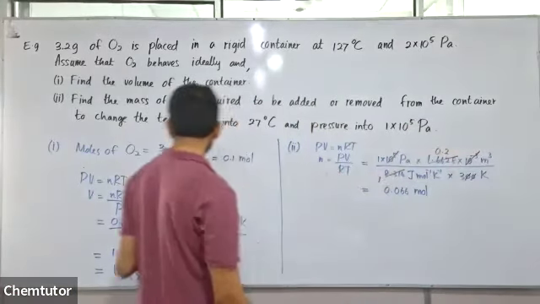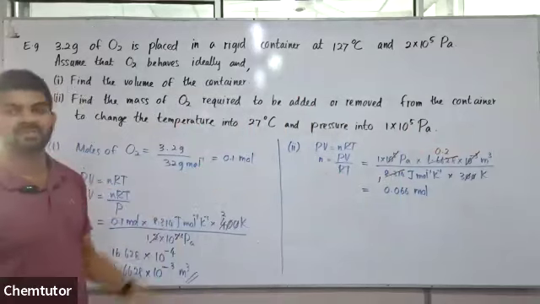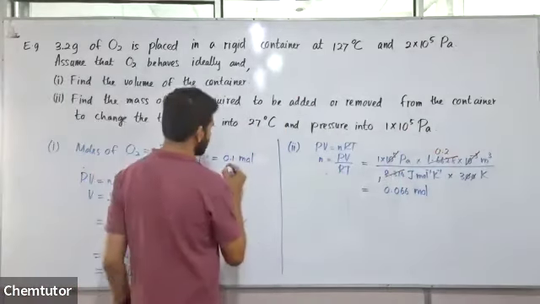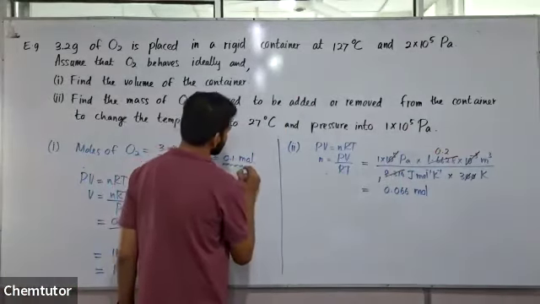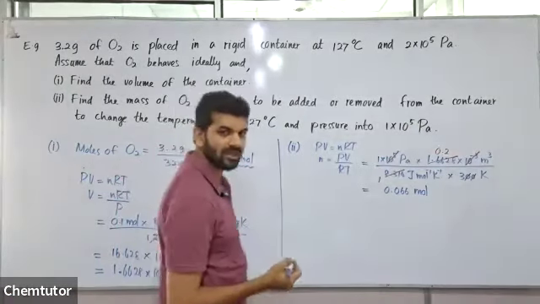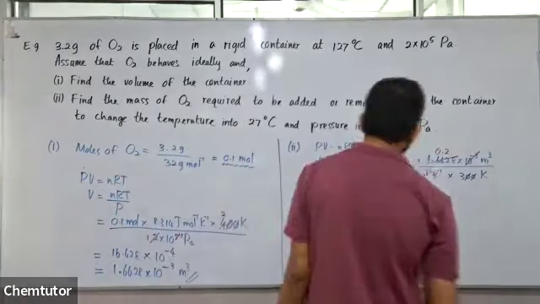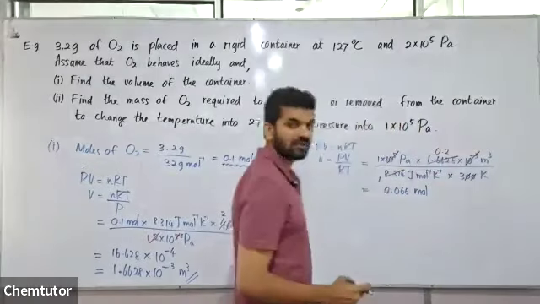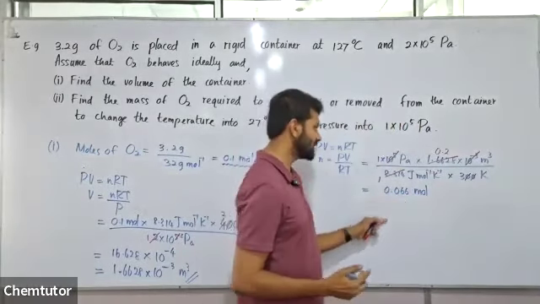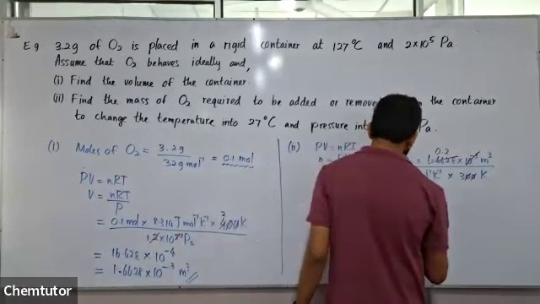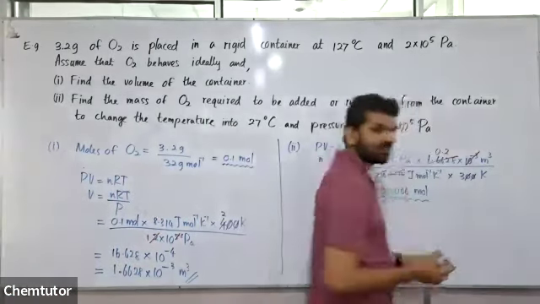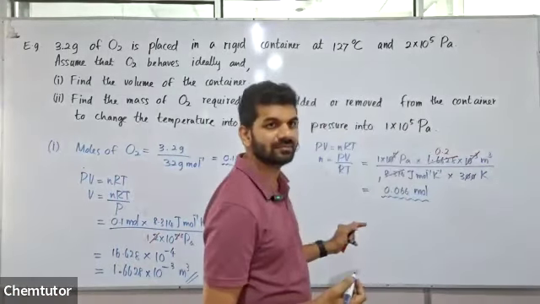But initially we had 0.1 moles. For the initial conditions, we maintain 0.1 moles. Did you understand? Now we need only this one. So this value is lesser than 0.1. That means we have to remove some of the gas moles from the system. Is it clear?